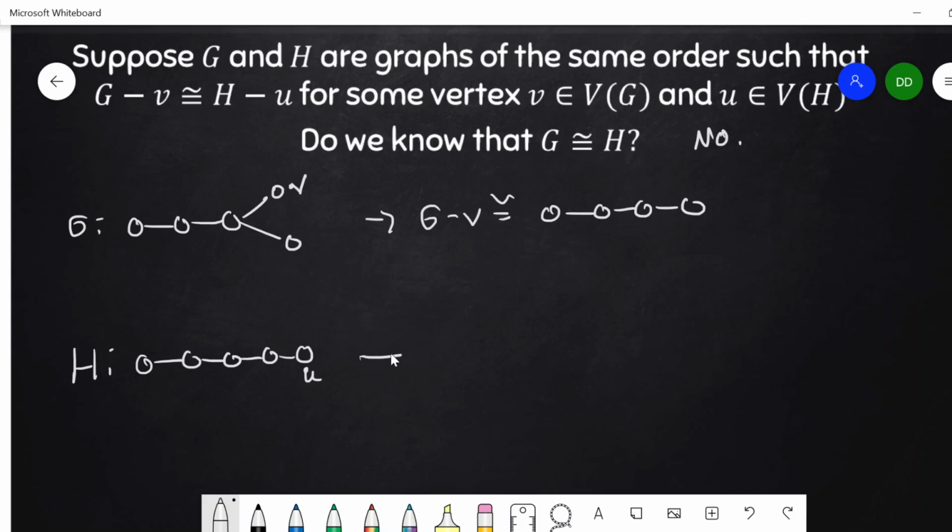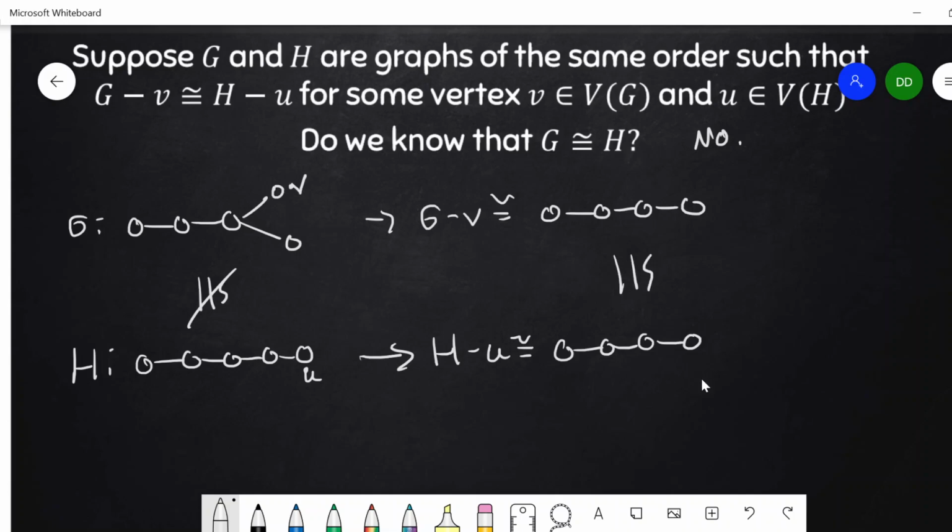And same thing for H. H minus U is isomorphic again to the path of order 4. So if I pick any vertex from G and any vertex from H, and I look at those vertex-deleted subgraphs, they can be isomorphic, and the original graphs are not isomorphic, but these two are isomorphic to each other.